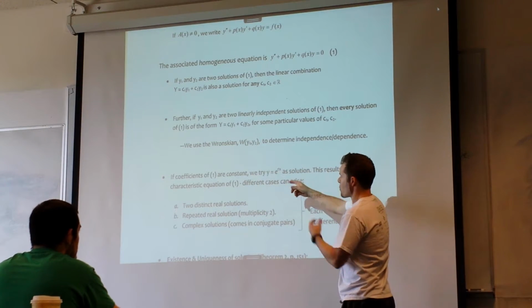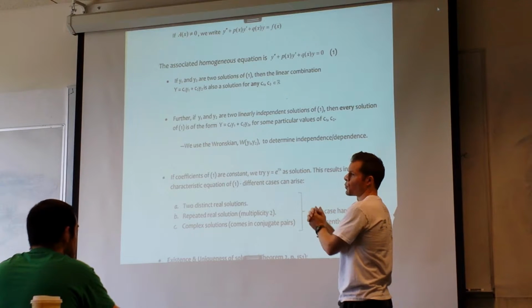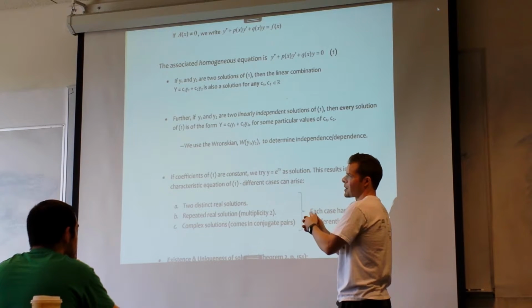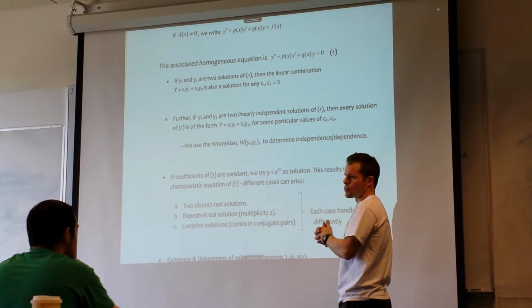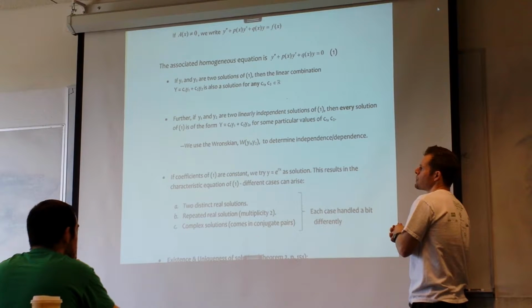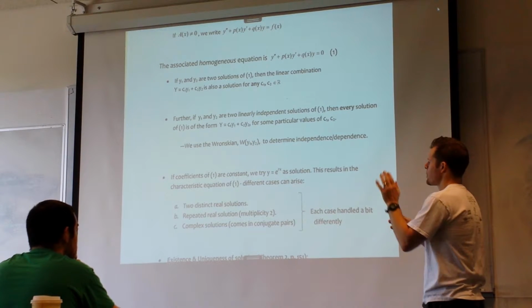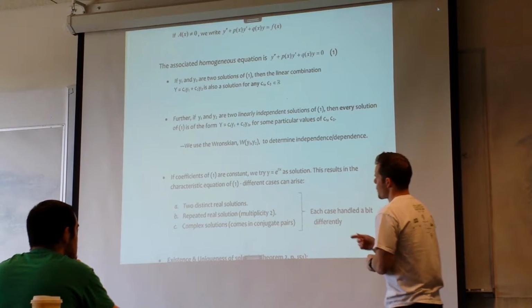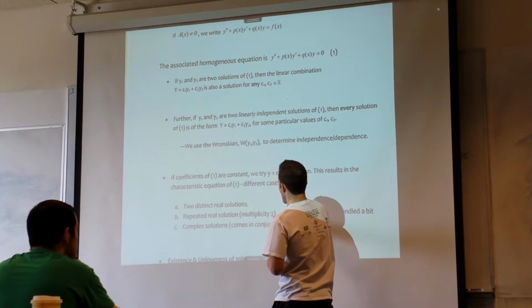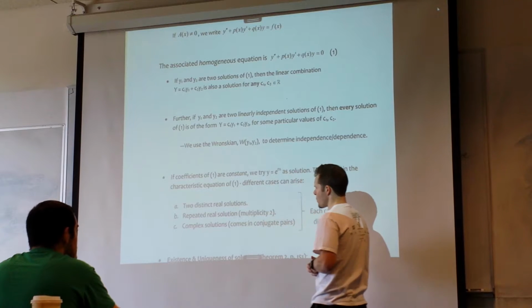For instance, r equals 1, but it has multiplicity 2. So if the characteristic equation was r minus 1 squared equals 0, then 1 is the only solution to that. Anyway, we could have a repeated real solution, in other words, a multiplicity 2 solution to that characteristic equation.